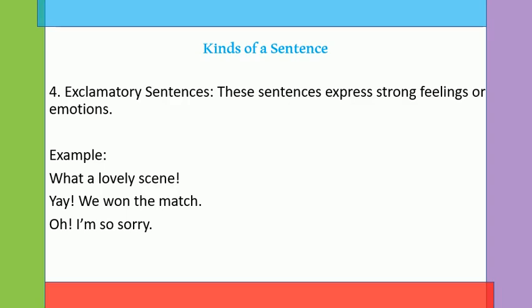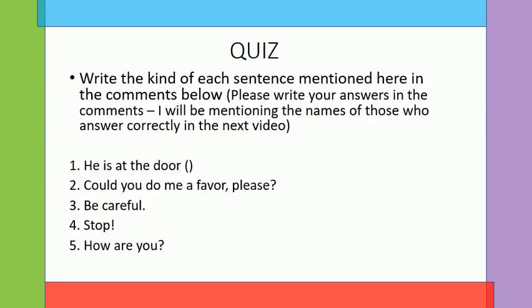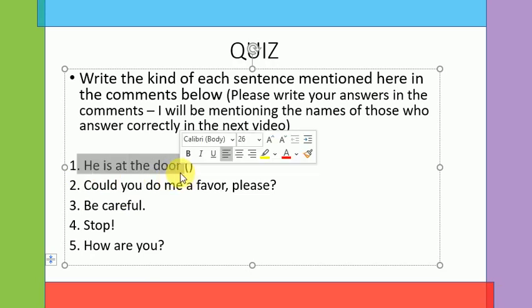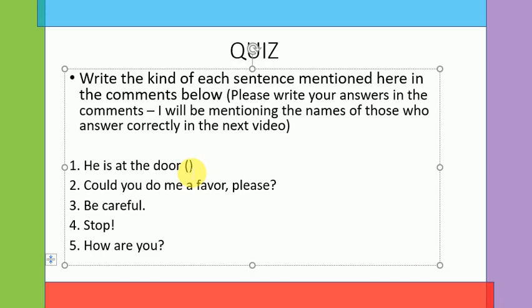So, as it is my usual practice, after explaining all these concepts to you, we come towards our quiz for today. The quiz is that I've simply written the statements, the sentences over here, and what you have to do is copy each statement, write down a space, put 2 brackets, and inside those brackets write down what type of sentence it is.